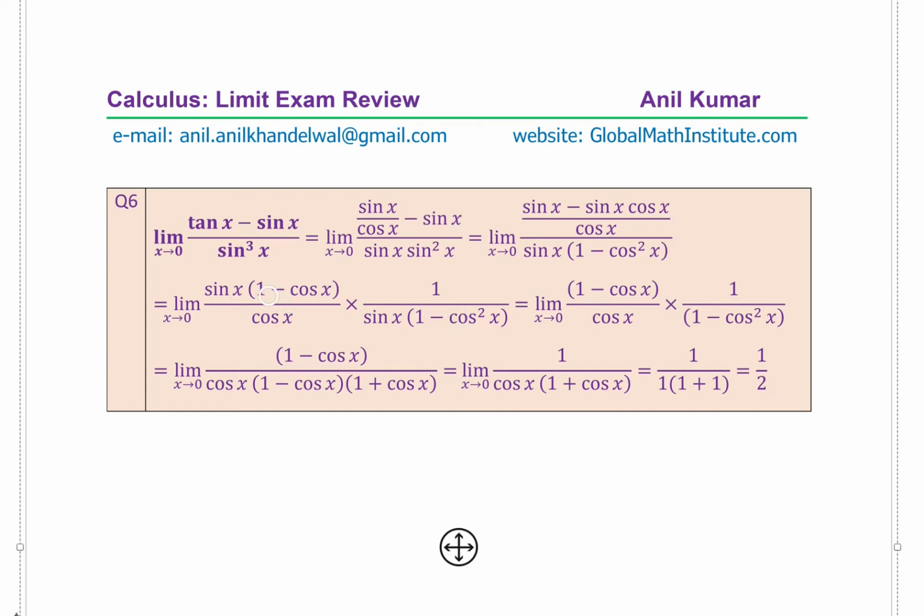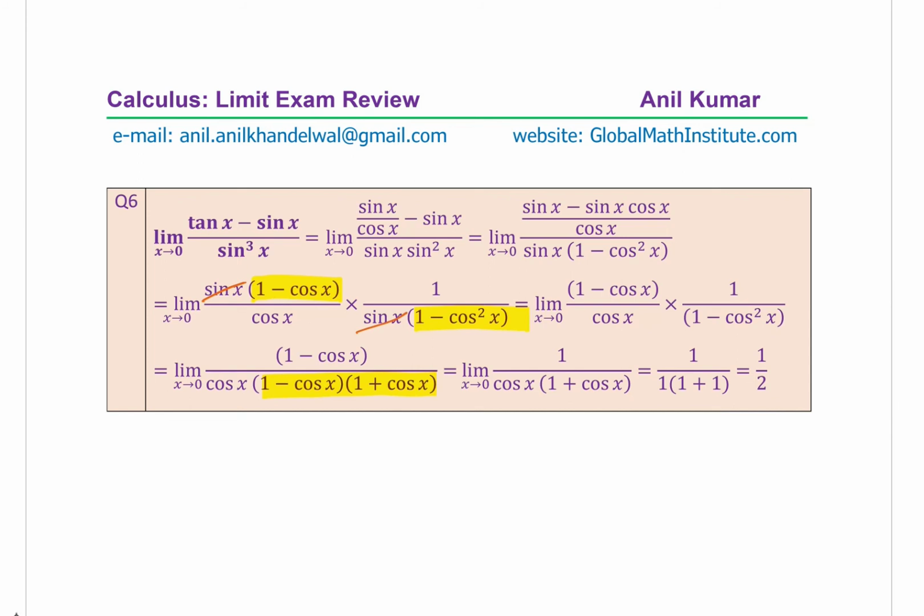Now we have a term 1 minus cos x in the numerator, and we have a term 1 minus cos squared x, which could be split into 1 plus cos x times 1 minus cos x, correct? Which I have done at this stage. That is one part. The second part is that we took sin x common, and therefore at this stage we could cancel sin x with sin x.